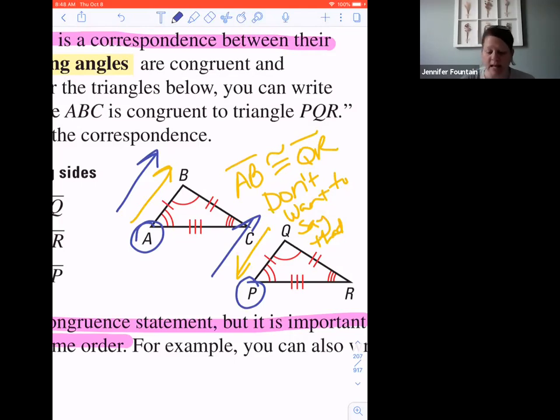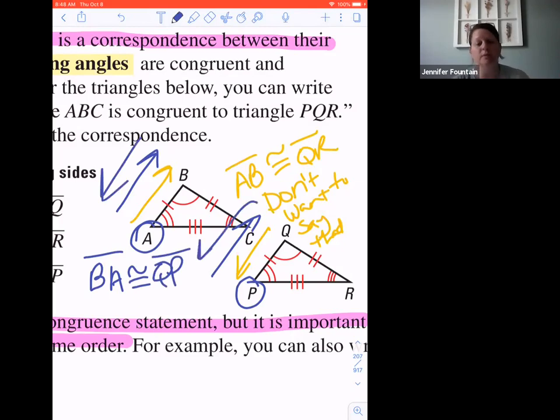Now I could say BA is congruent to QP, because then I'm going in the same direction. So that's what they mean, that there's more than one way to name it. I could do AB is congruent to PQ, or I could do BA is congruent to QP. But I want to make sure whichever one I start with, I use the corresponding point. Does that make sense? Any questions about that?